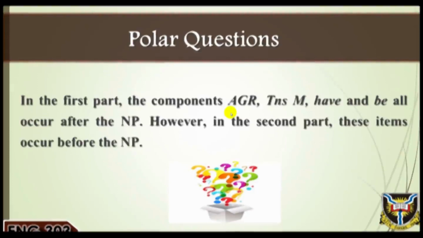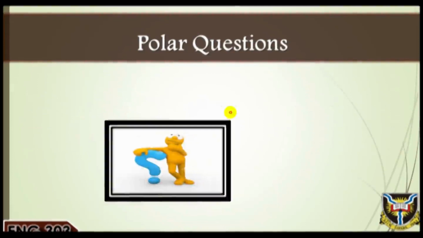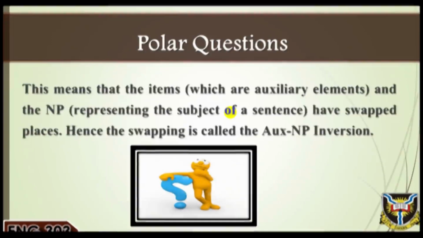However, in the second part, these items occur before the NP. This means that the items, which are auxiliary elements, and the NP, representing the subject of a sentence, have swapped places. Hence, the swapping is called the Aux-NP inversion.